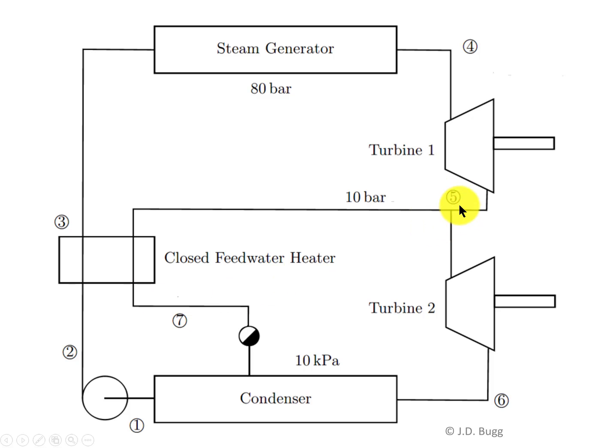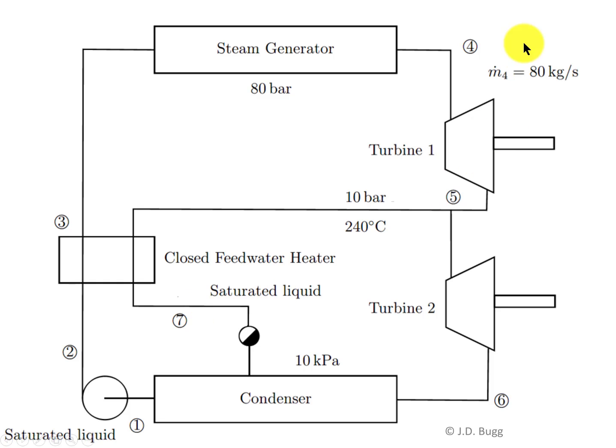We're also told that this extraction point is at 240 degrees C, so the state there is fixed. The other thing we're told is that the inlet of the pump is a saturated liquid, and also the exit of the closed feedwater heater. Where the extracted steam leaves the feedwater heater, it's a saturated liquid. Those will help us fix the state.